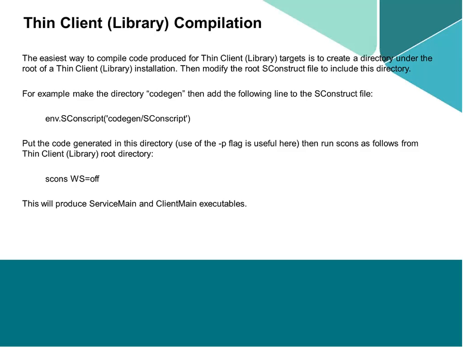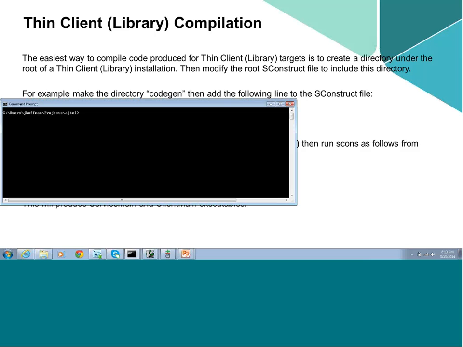So I will just do that real quickly here and show you what actually happens. Here's invoking the code generator for thin client with the run flag and putting the code into the CodeGen subdirectory under the thin client root directory, and I'm using an XML file I called T1.